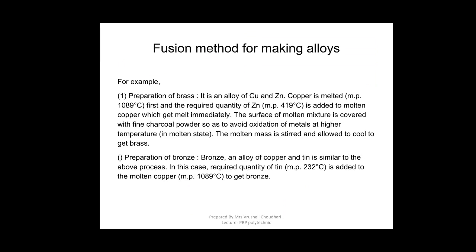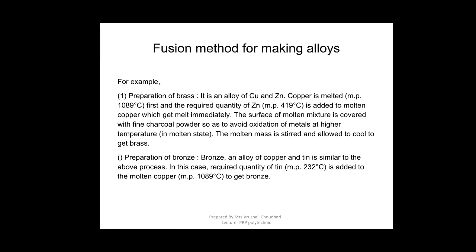Then we add the required quantity of zinc, which has a lower melting point of 419, and stir immediately using a graphite rod. The whole molten mixture is covered with charcoal powder to avoid oxidation, and after stirring we allow the molten mass to cool down to get brass.